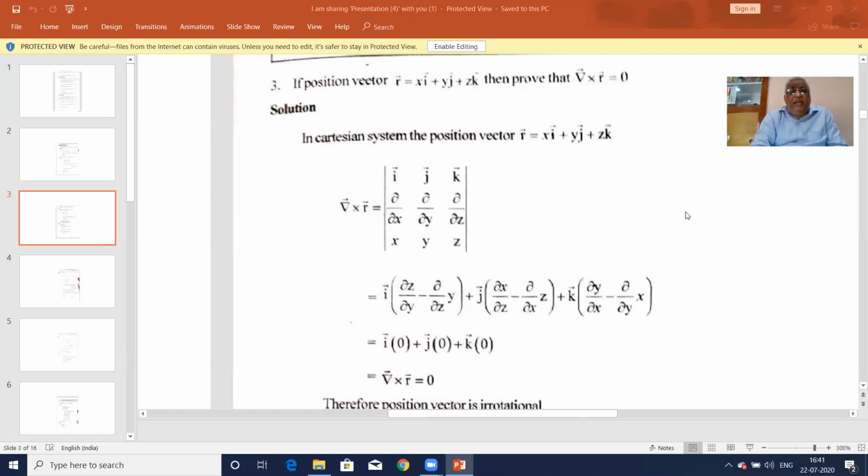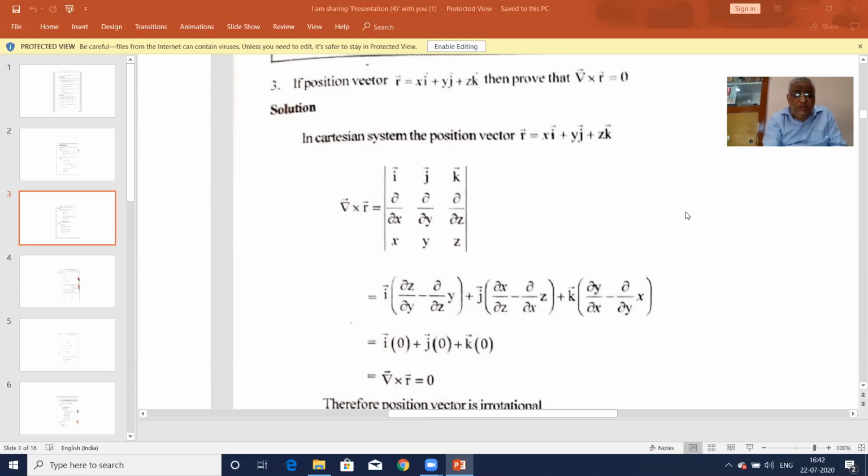Cross multiplying it, we get i into ∂z/∂y minus ∂y/∂z, plus j component ∂x/∂z minus ∂z/∂x, plus k into ∂y/∂x minus ∂x/∂y. This is i into 0 plus j into 0 plus k into 0, because ∂z/∂y has no meaning, we don't differentiate with respect to another variable, and its value is 0.